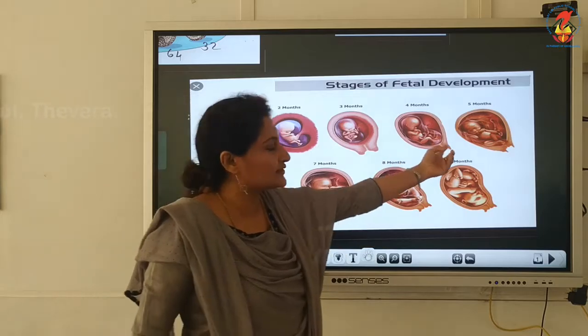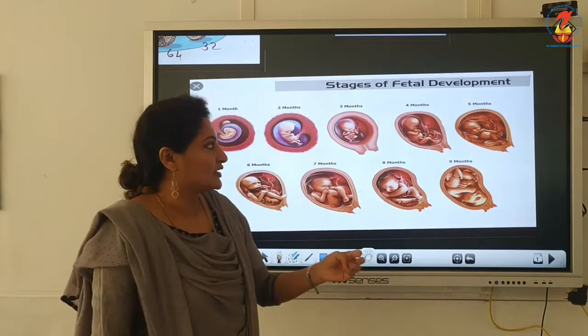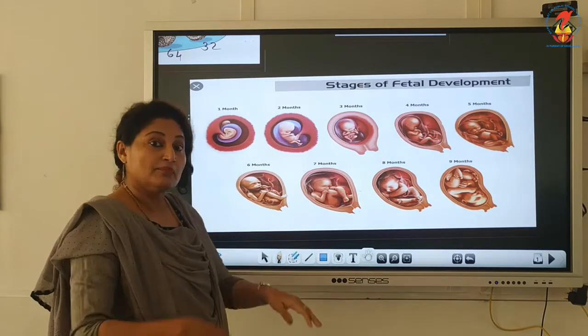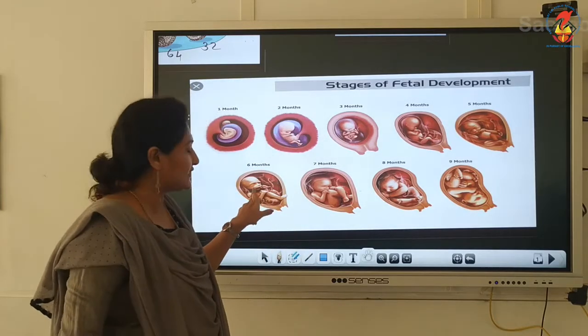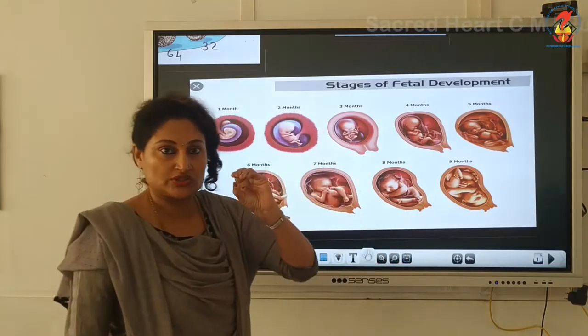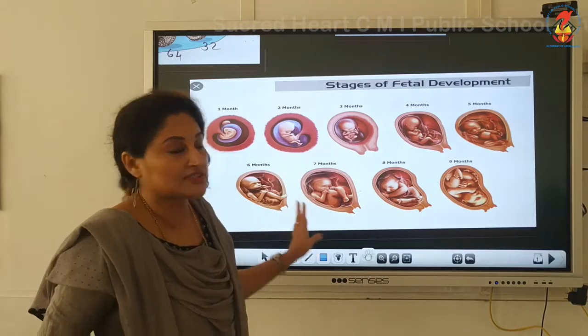And also another important feature, the mother feels the first movement of the body, fetal movements. Then proceeding to the 6th month, the entire body is covered with fine hairs. And not only that, till the 5th month, the eyelids were tightly closed. Now, here the eyelids separate apart and eyelashes are formed.